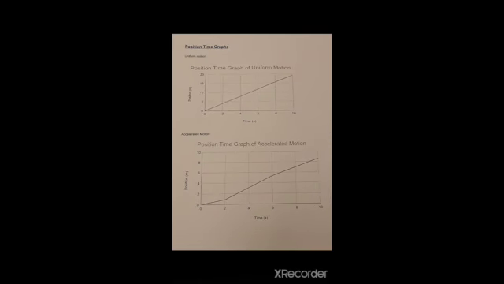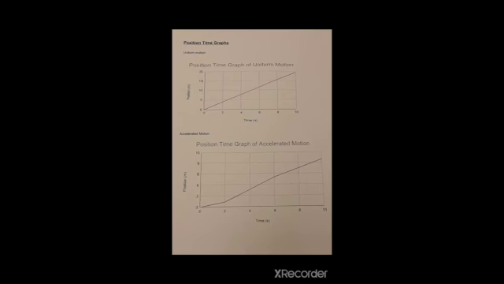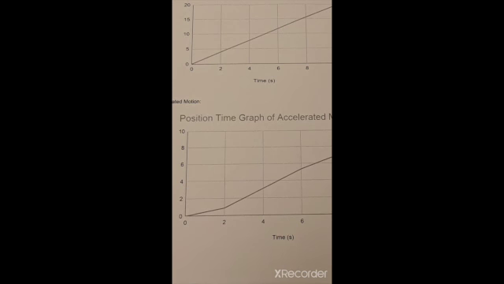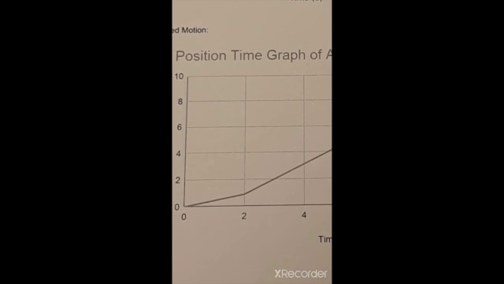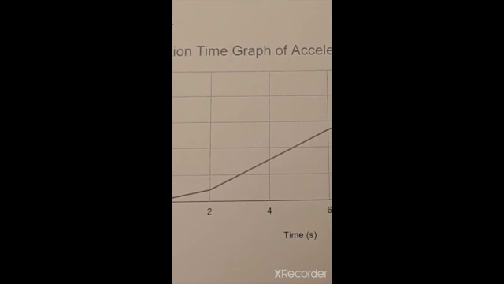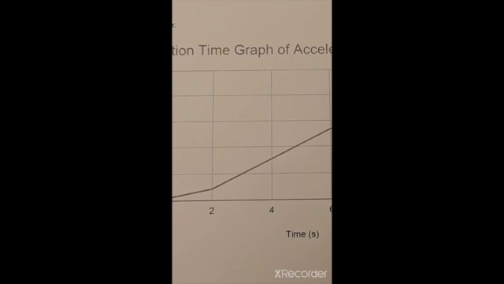Now, accelerated motion is different. You can tell already just by looking at the graph. The big thing about accelerated motion is that you're going different increments of speed every 2 seconds. So that means you're traveling a different distance every 2 seconds. Between 0 and 2 seconds, we went 0.88 meters. Between 2 and 4, we went 3.102 meters.